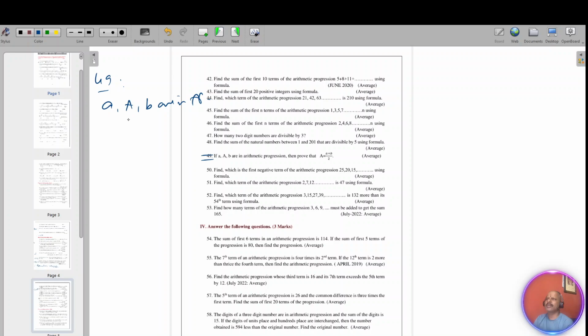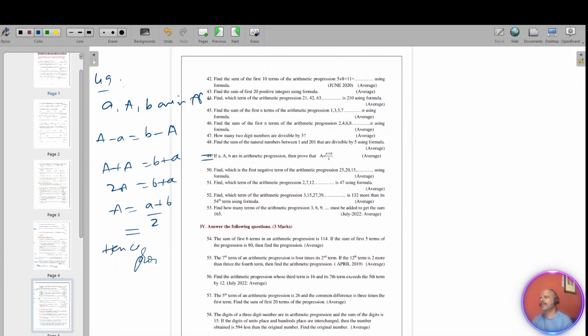Find the common difference for both available terms. Common difference should be equal, right? So that is x minus a equal to b minus x, because these are common differences. So x plus x equal to b plus a, 2x equal to b plus a, x equal to a plus b by 2, hence proved. Check out.